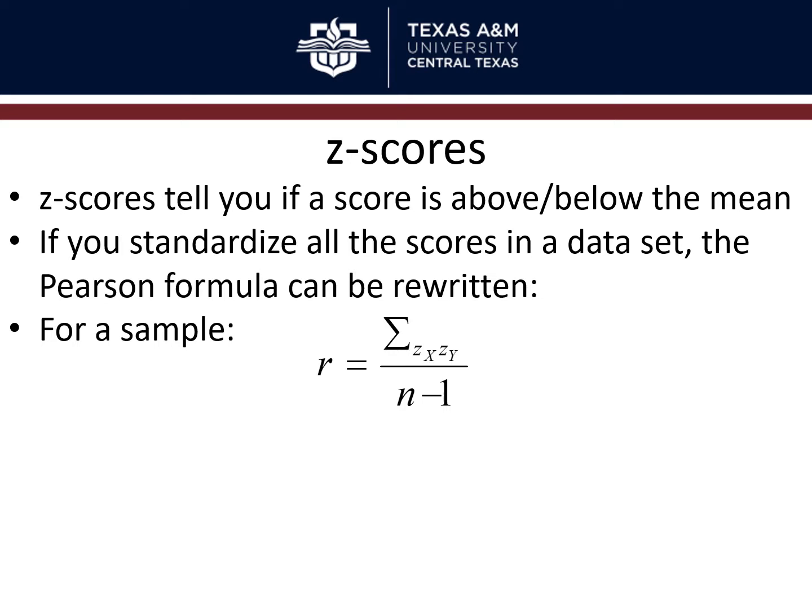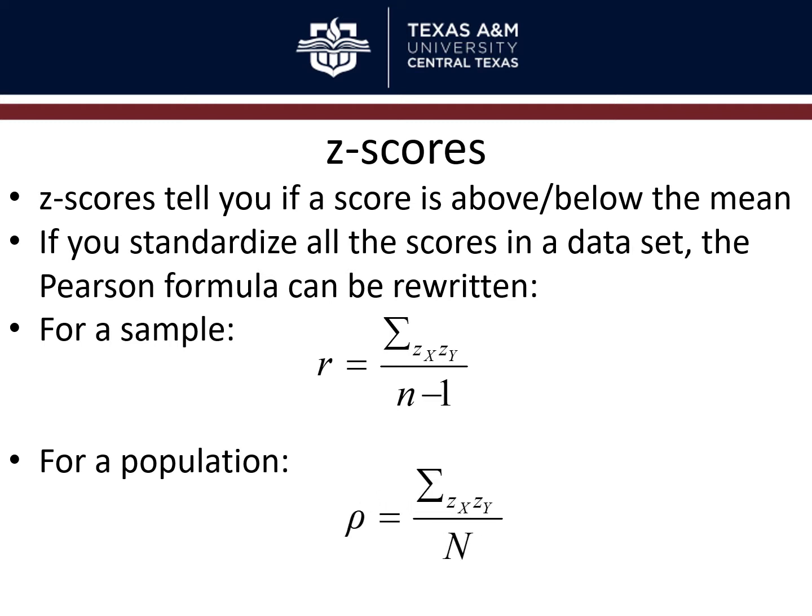And the more consistent that is, the bigger that numerator is going to be, the larger you're going to get for a correlation on the output. And if you have the entire population scores, same thing, you just change it to rho. It's that thing that looks like a little squiggly p. That's the parameter for correlation.